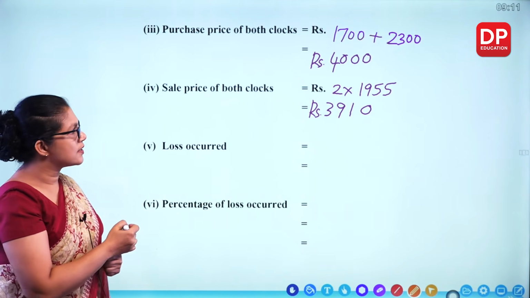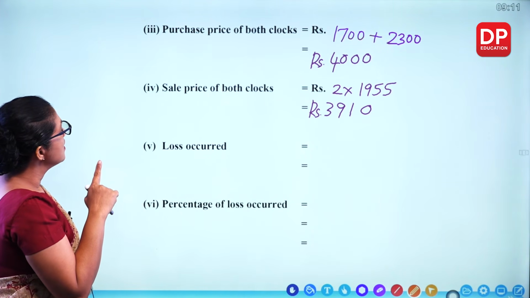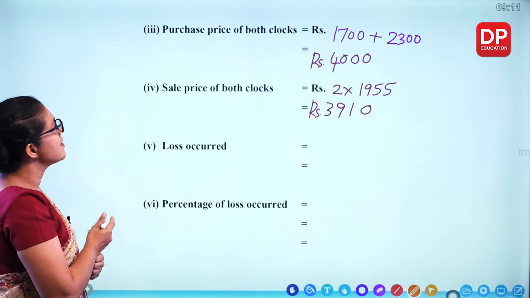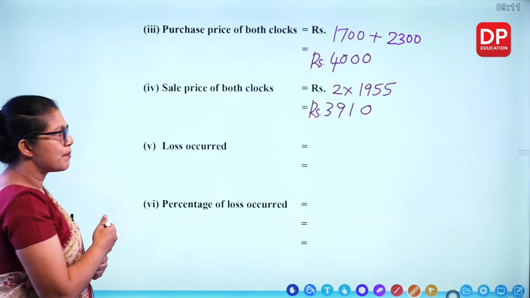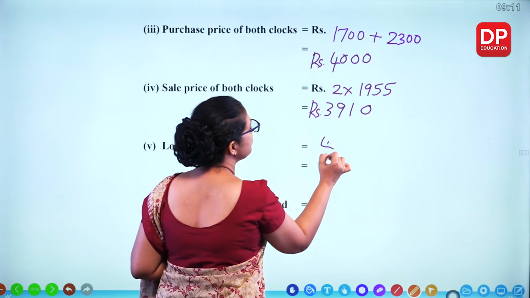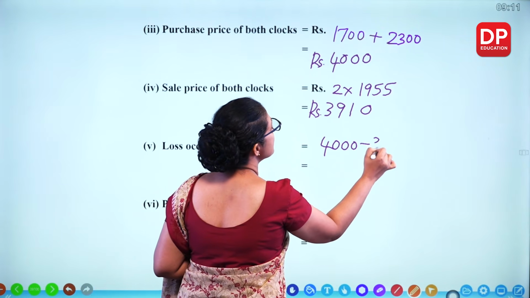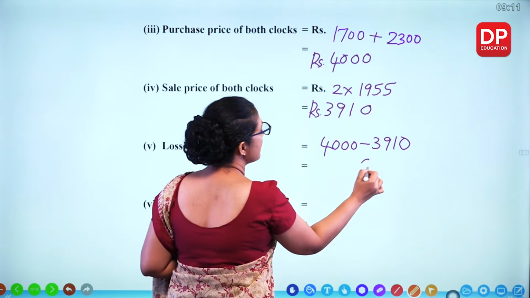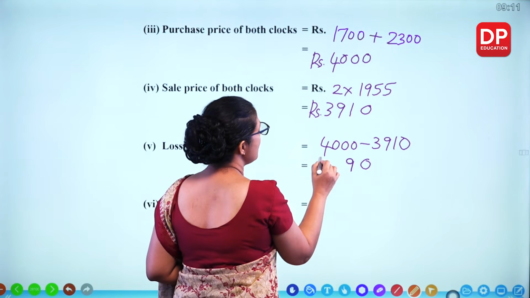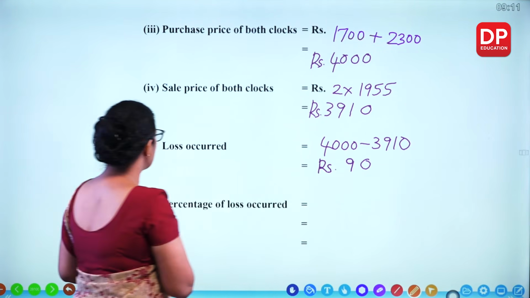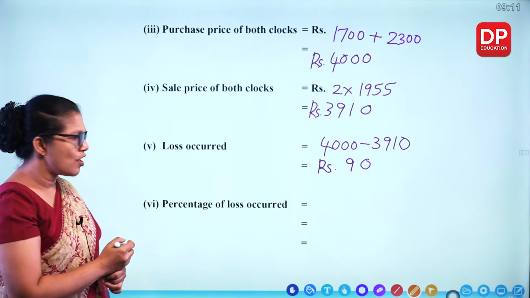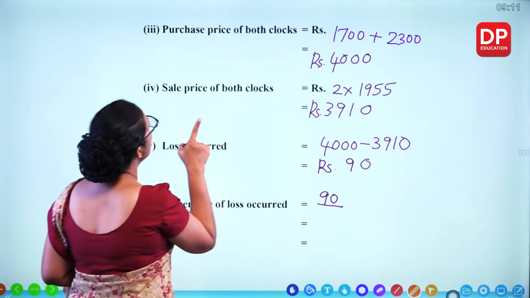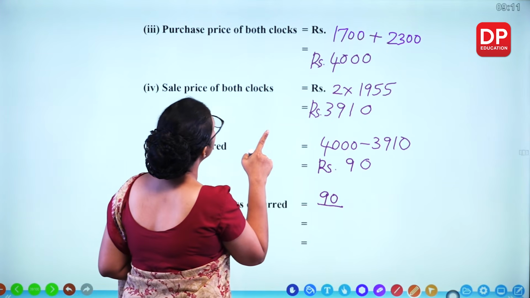So what's the loss? Loss occurred. Here, the selling price is less than the buying price. So 4000 minus 3910. You get 90 rupees loss. So what's the percentage loss? 90 rupee loss for buying price 4000.